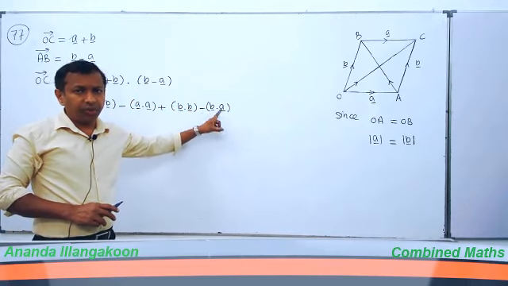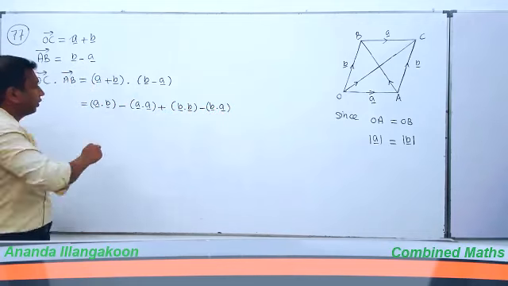Then this is minus A dot B and this is plus A dot B. These two we can cancel now.